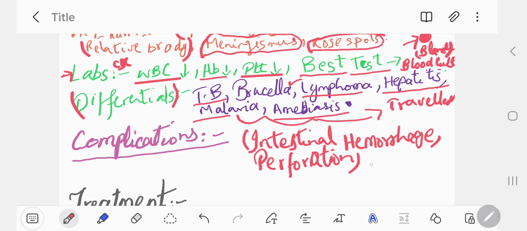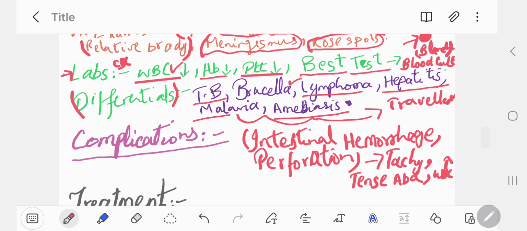When intestinal hemorrhage and intestinal perforation occur, the patient presents with tachycardia instead of bradycardia, and there is a tender and tense abdomen. And you know that normally there is leukopenia in typhoid, but here there is leukocytosis, that is, the WBC count becomes higher.